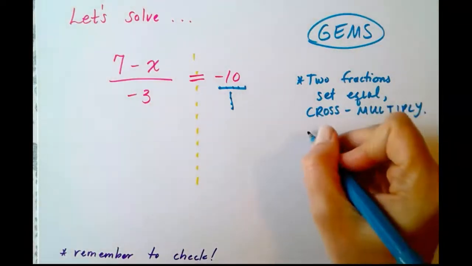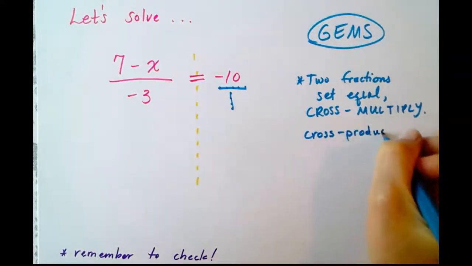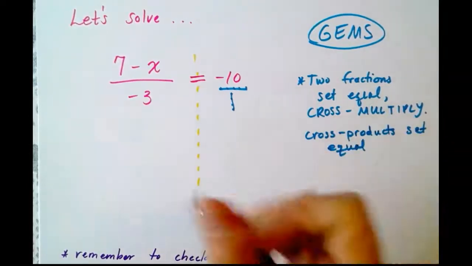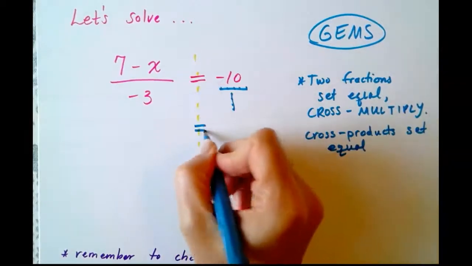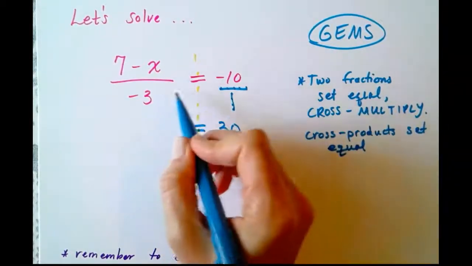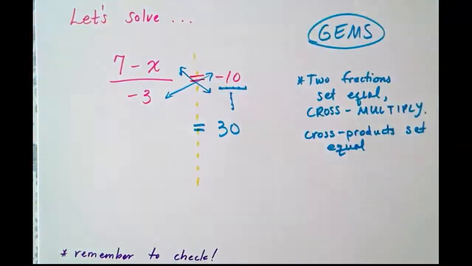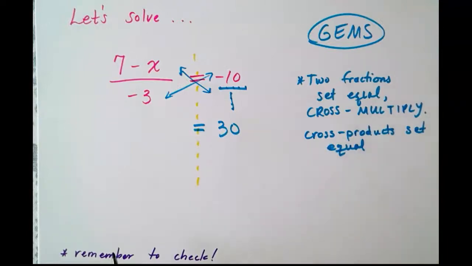So we want our cross products set equal to each other. So -3 times -10 is +30. I am cross multiplying over that equal sign in order to set the cross products equal to each other.